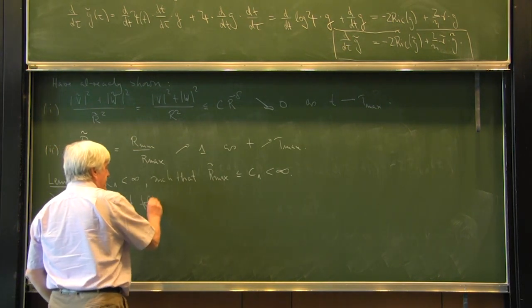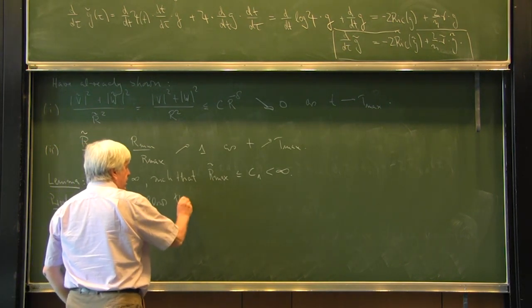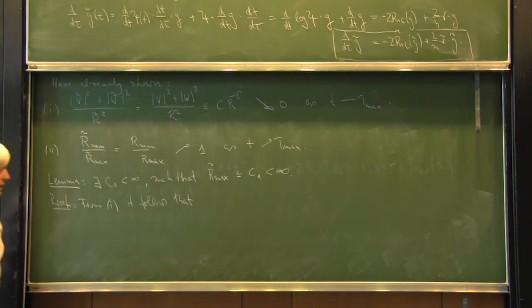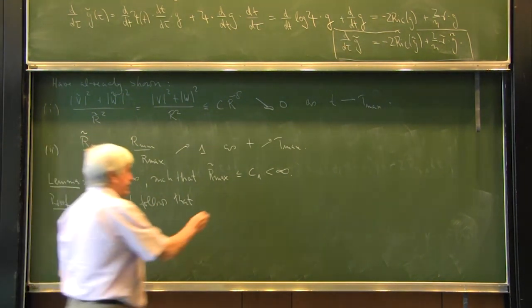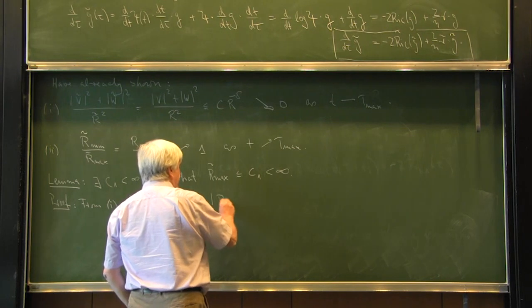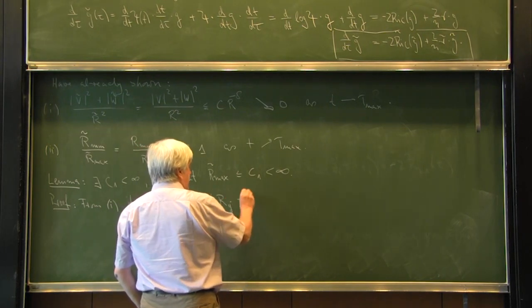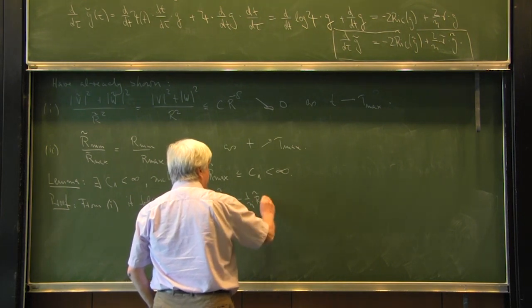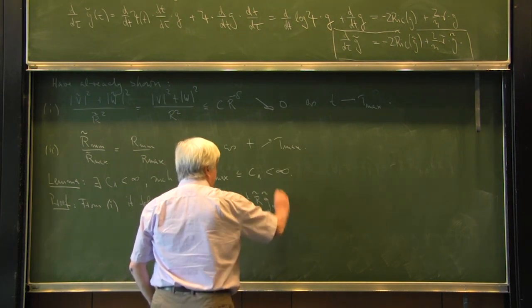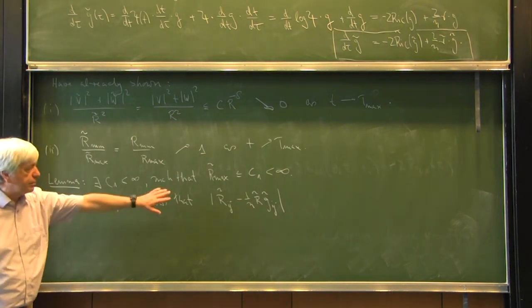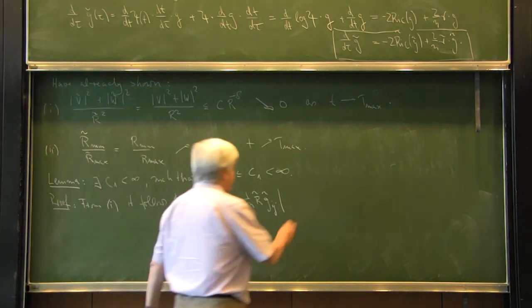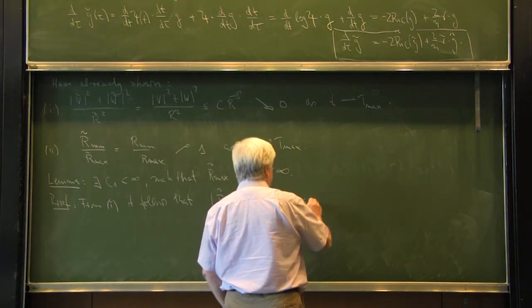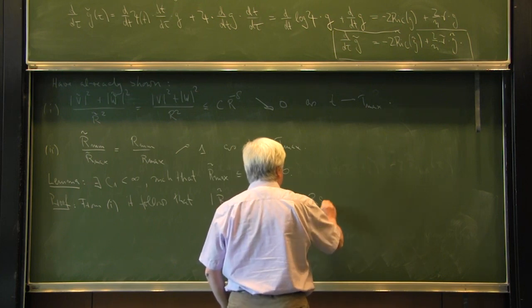Therefore, it follows the trace-free part is very small. So the trace-free part, what was that? That was this tensor. This is the trace-free part. So this tensor can be made as small as we want compared to R times Gij.